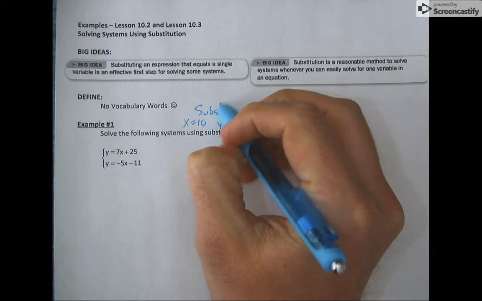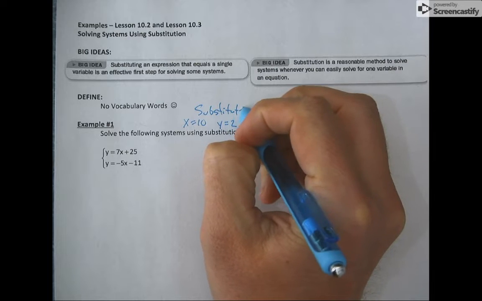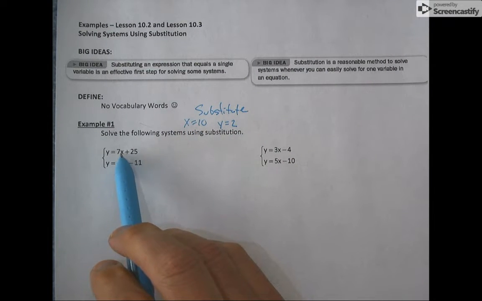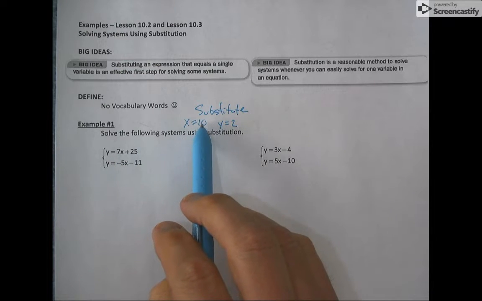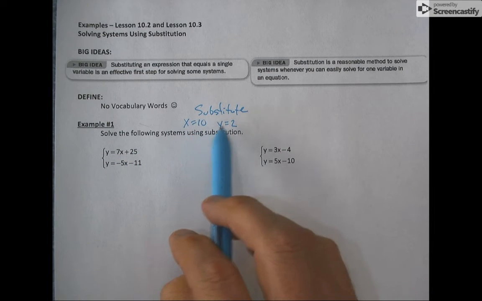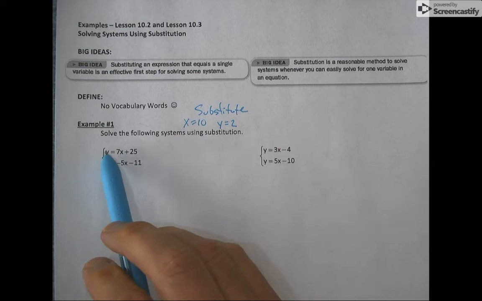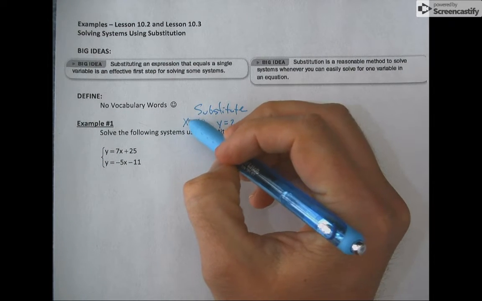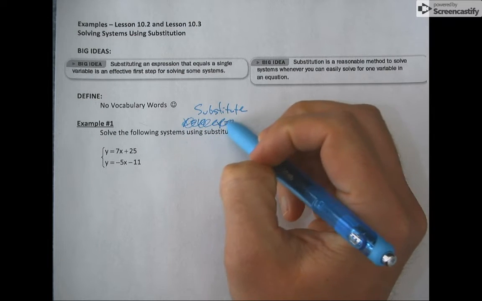Think about what you would do. You would say, if x equals 10, then I can substitute 10 in for x. And if y equals 2, I can plug that in for y. That's called substitution. Now, we're not actually going to use those numbers, but it's the same idea.